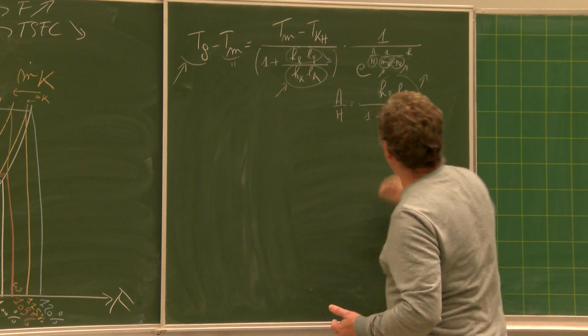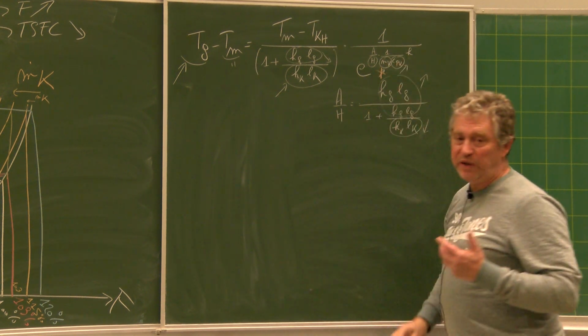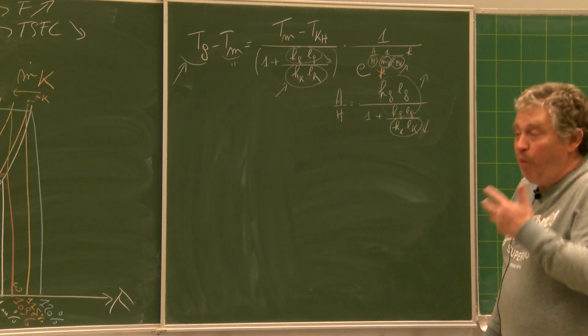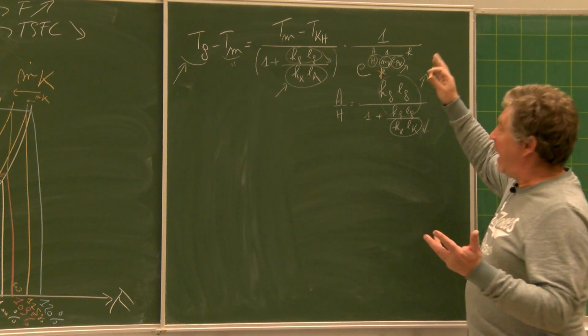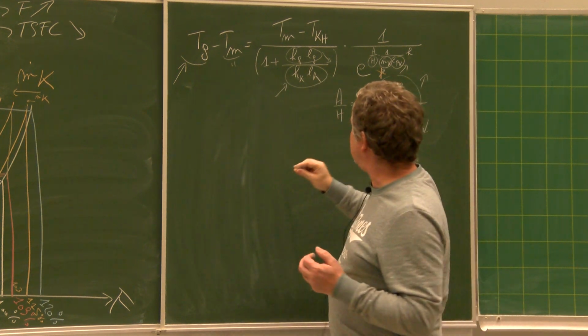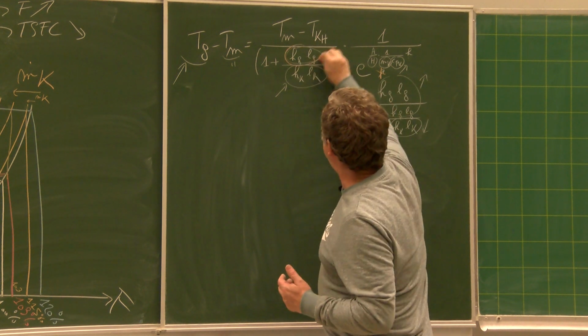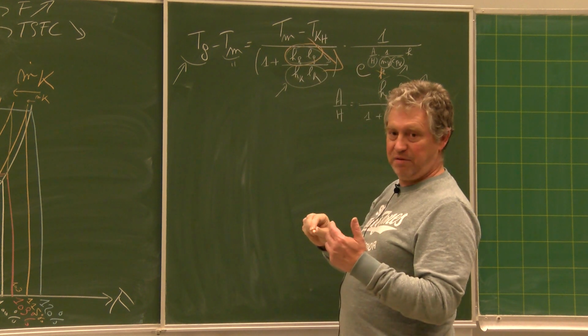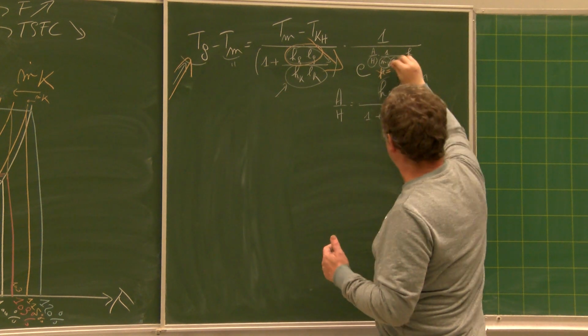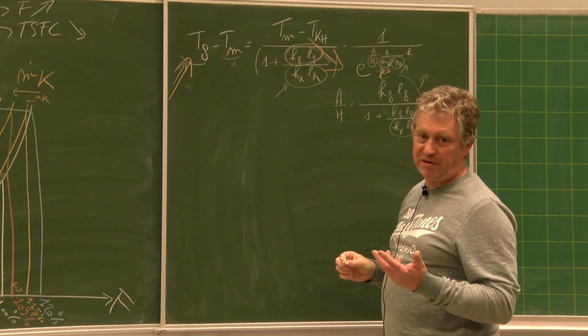Of course, increasing m dot k is something I don't want to do, because when I increase m dot k, I'm increasing T_g. What I will try to do is to decrease that so much that this will increase, with m dot k not increasing but being constant.